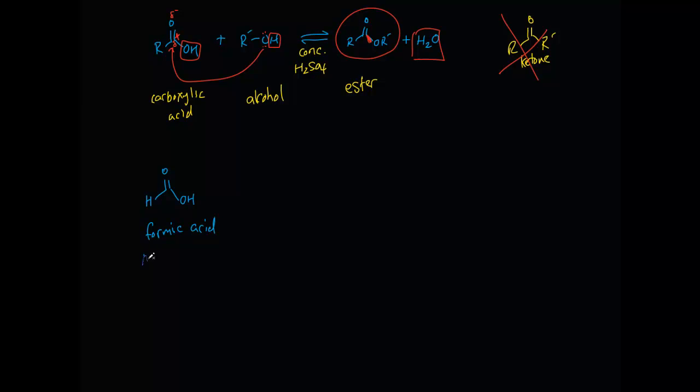This could also be called methanoic acid. Yeah, a confusing part of chemistry is sometimes, even though you may learn the IUPAC names for things, the more traditional name is used more often. So that gets a little confusing, but it is what it is. So formic acid is a 1 carbon containing carboxylic acid.